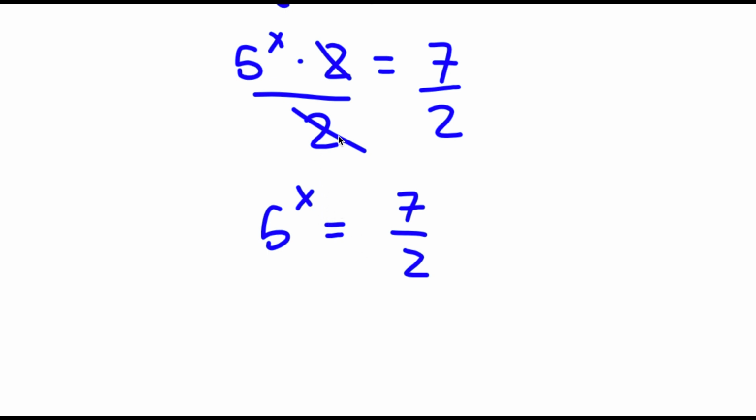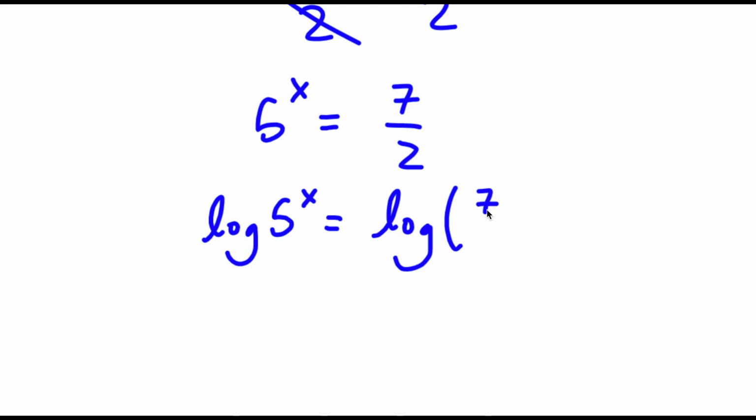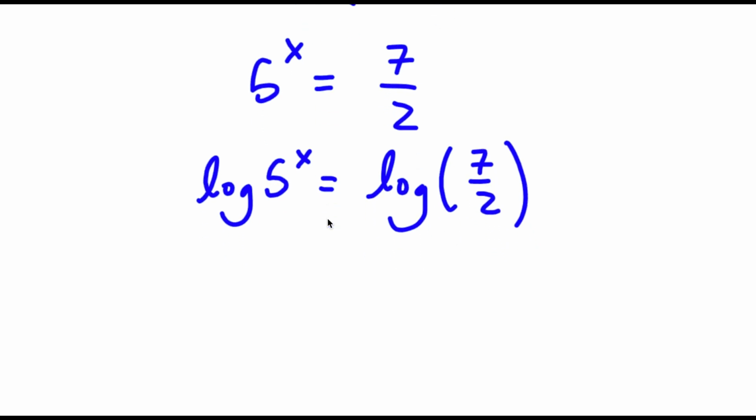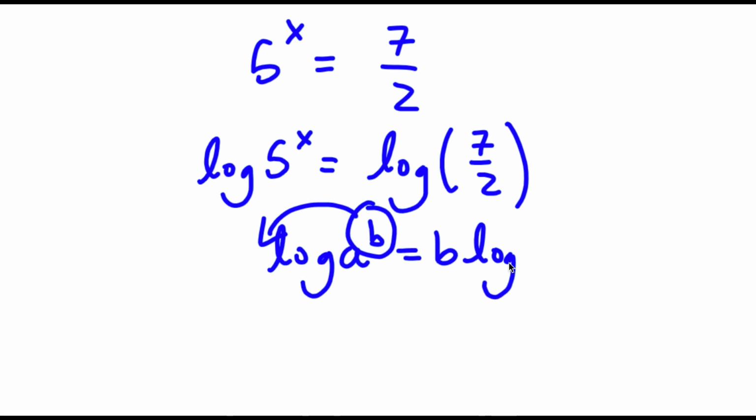Now from here, I'm going to take the log on both sides. So now I have log 5 to the power of x is equal to log 7 over 2. Now if I have something in the form log a to the power of b, I can move this b to the front. So it's going to equal b times log a. So in this case, I have log 5 to the power of x, and I can move x to the front.